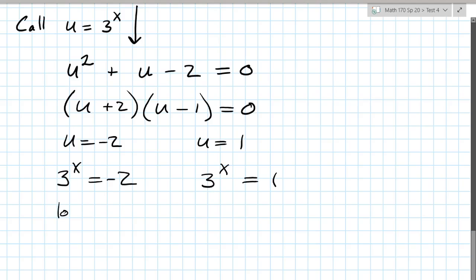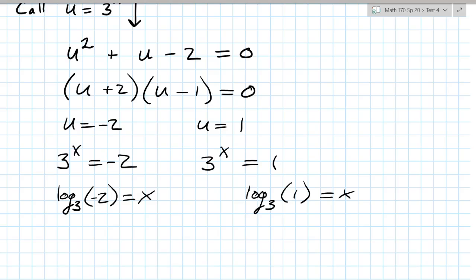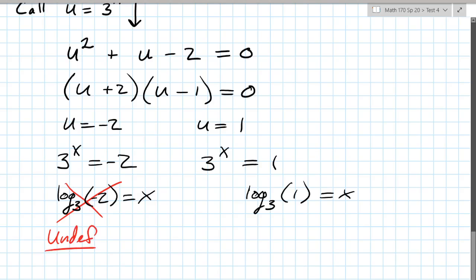So this is log base 3 of -2 equals x, and log base 3 of 1 equals x. For the first one, log base 3 of -2 equals x, that is undefined because you can't have a negative number as the argument of a log function.